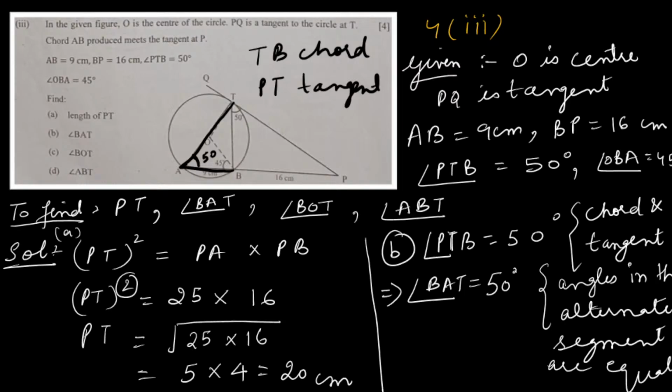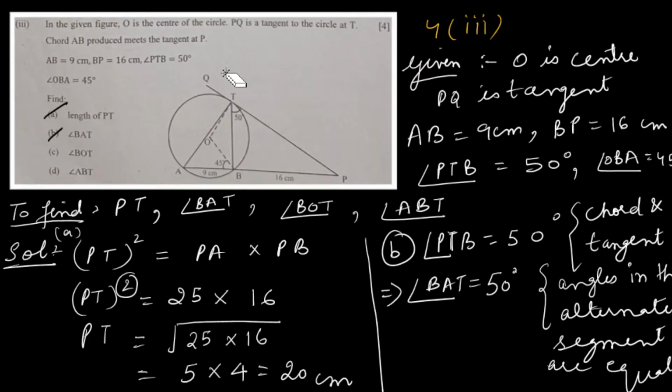So two parts are done. Yes, BAT is equal to PTB. Now we have to find BOT. The third one is BOT, the angle at the center.